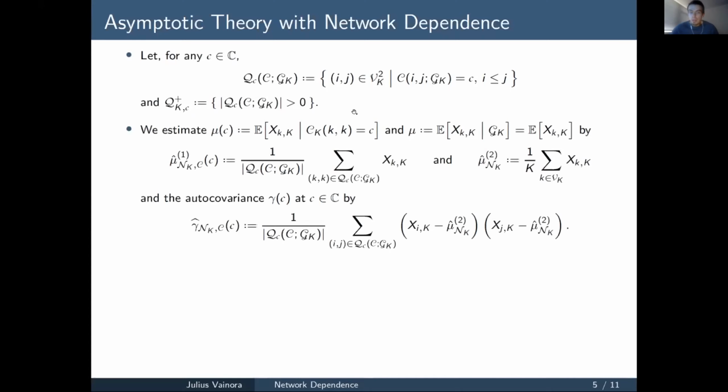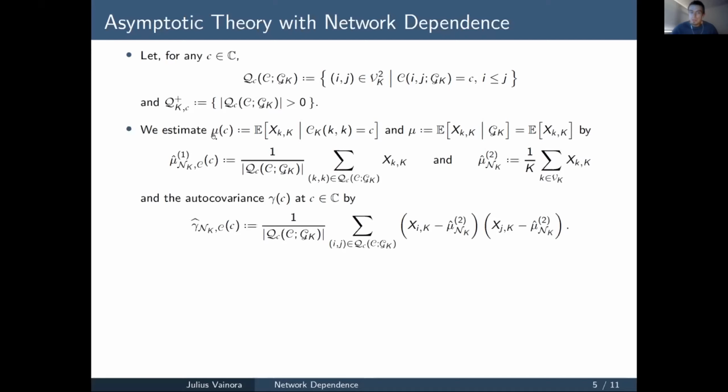Then we may want to estimate at least the following things. First, we may be interested in the conditional mean of x, conditional on the class of the entity with itself. For instance, this classifier may be the number of neighbors: the more neighbors I have, possibly the higher my mean is.